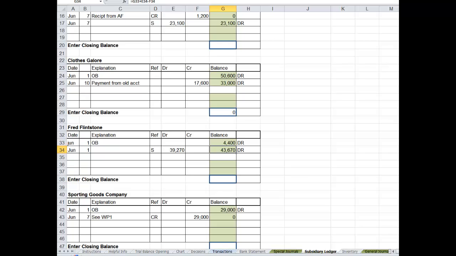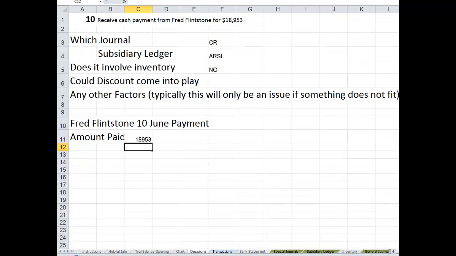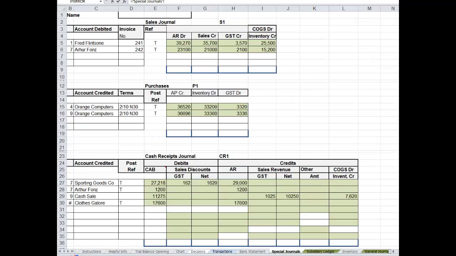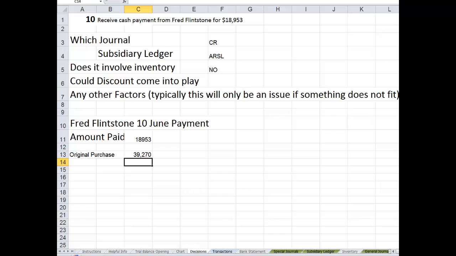Righto. Original purchase was, well, I'll go to the original purchase. $39,270, and that's got a sales component and a GST component. I might just copy those across so you have those.